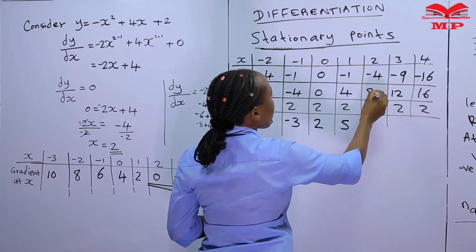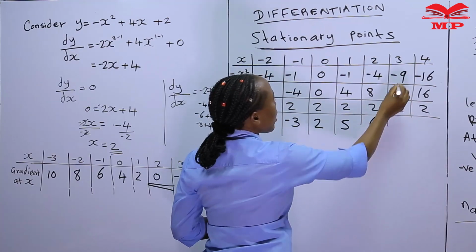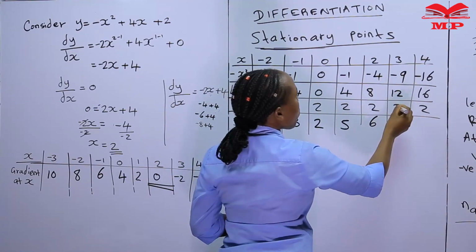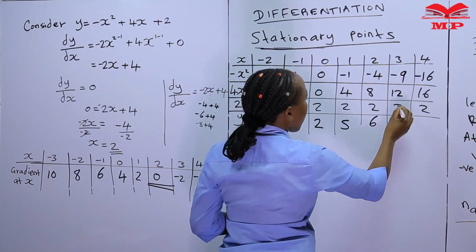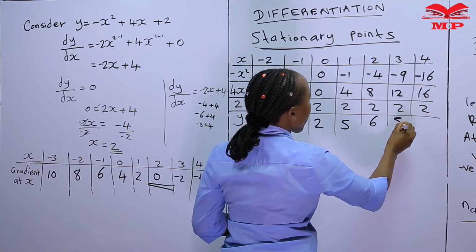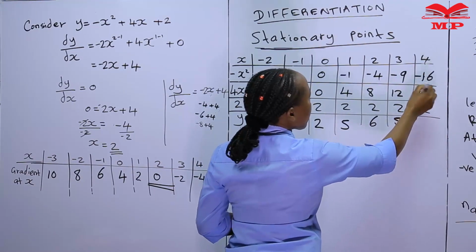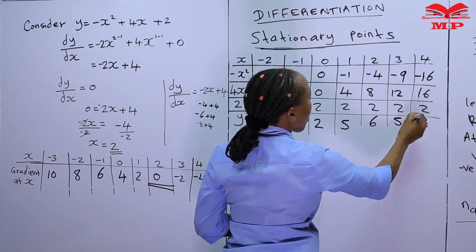Negative 4 plus 8, that is 4 plus 2, 6. Negative 9 plus 12, we have 3, then 3 plus 2, 5. Negative 16 plus 16, that is 0. Plus 2, we have 2.